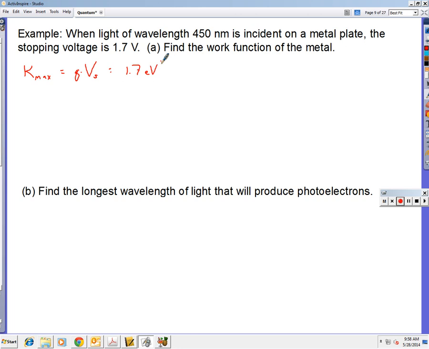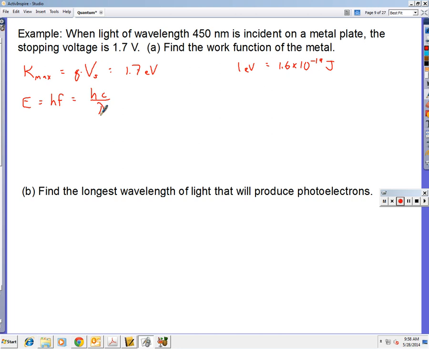In a lot of cases in quantum mechanics, it's going to be very useful to work in electron volts instead of joules as a unit of energy. 1 electron volt is equal to the charge on the electron times 1 volt, or 1.6 times 10 to the negative 19 joules. That's a conversion you should be able to do easily. And we know the wavelength of the light, and that means we can find the frequency of the light, and from that its energy.